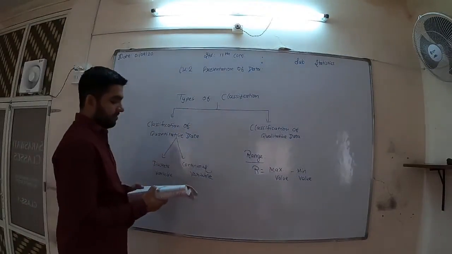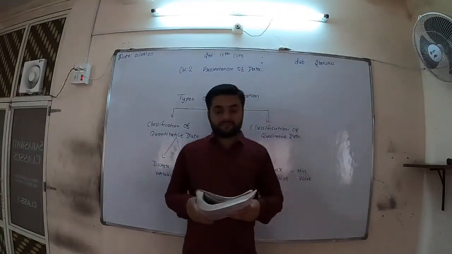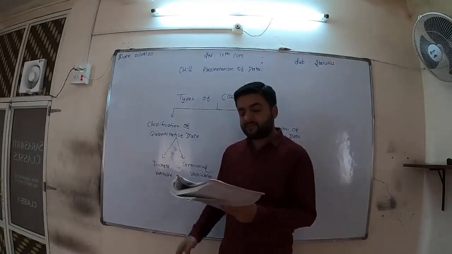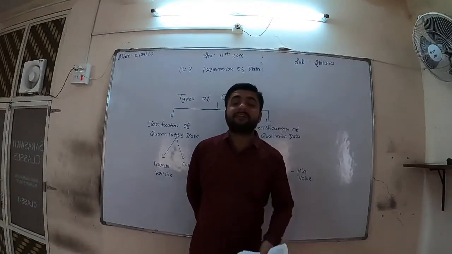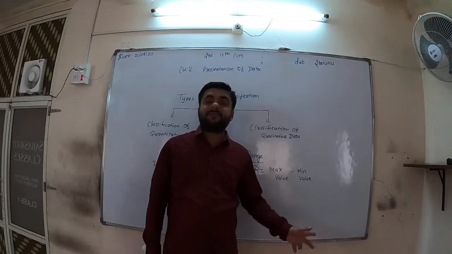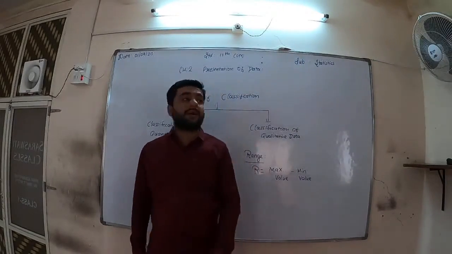Okay, everyone, on page number 18, continuous frequency distribution. So I am reading it. A continuous frequency distribution is carried out when the value of raw data is continuous or range of data is very large. See, if the range or the difference is too large, you cannot present it through discrete variable. Why?